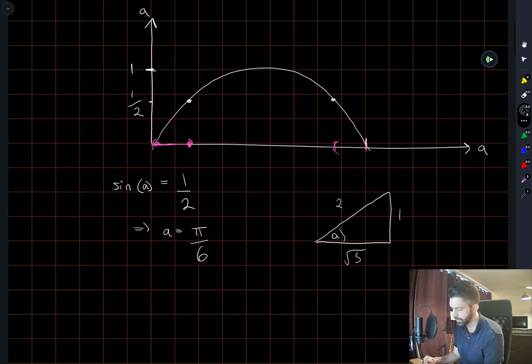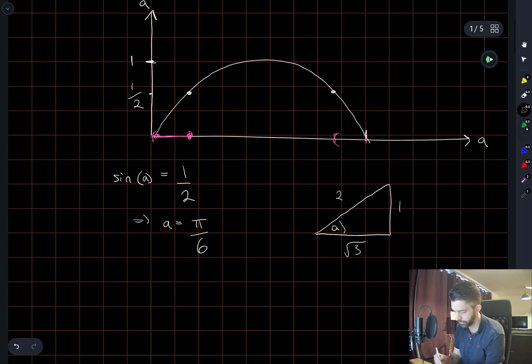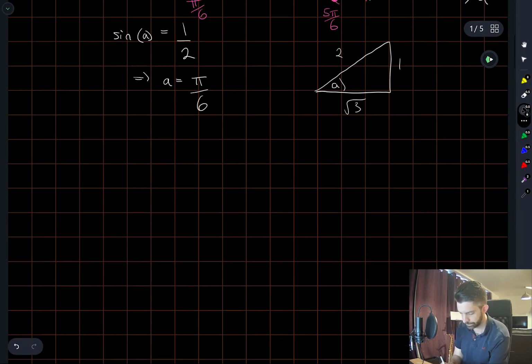I think that's correct. What I'll do is I'll finish the rest of this question assuming that this is correct, and then I'll just very quickly verify by some other way that this is the correct value of a. So this endpoint here is pi over 6, which means that this endpoint is going to be pi minus pi over 6, so that's 5 pi over 6. So a has to be between 0 and pi over 6, or 5 pi over 6 to pi.